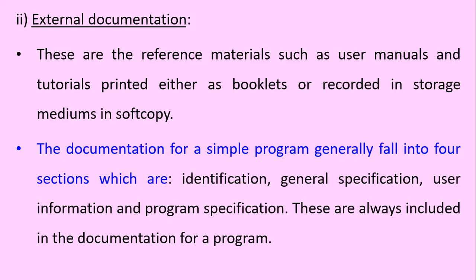The documentation for a simple program generally falls into 4 sections, which are identification, general specification, user information, and the program specification. These are always included in the documentation for a program.